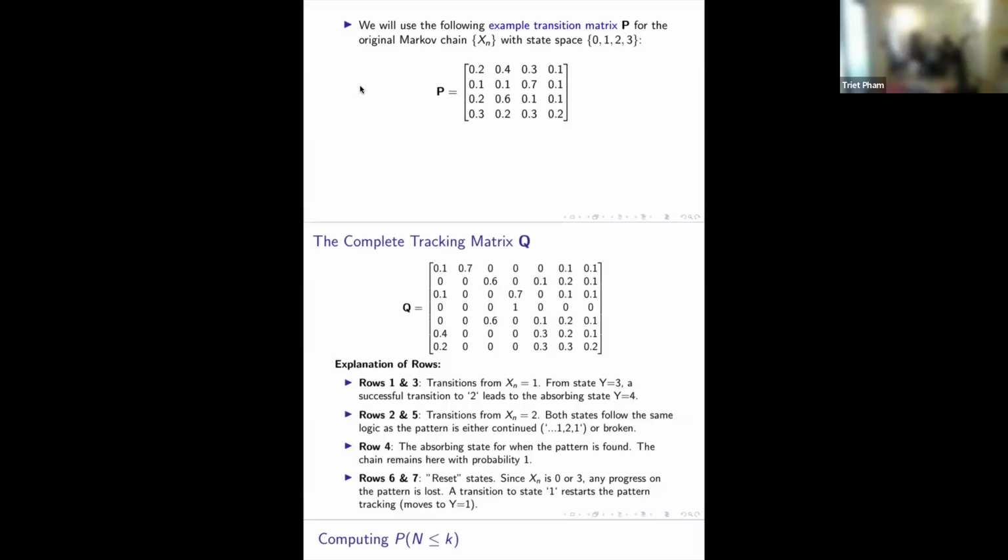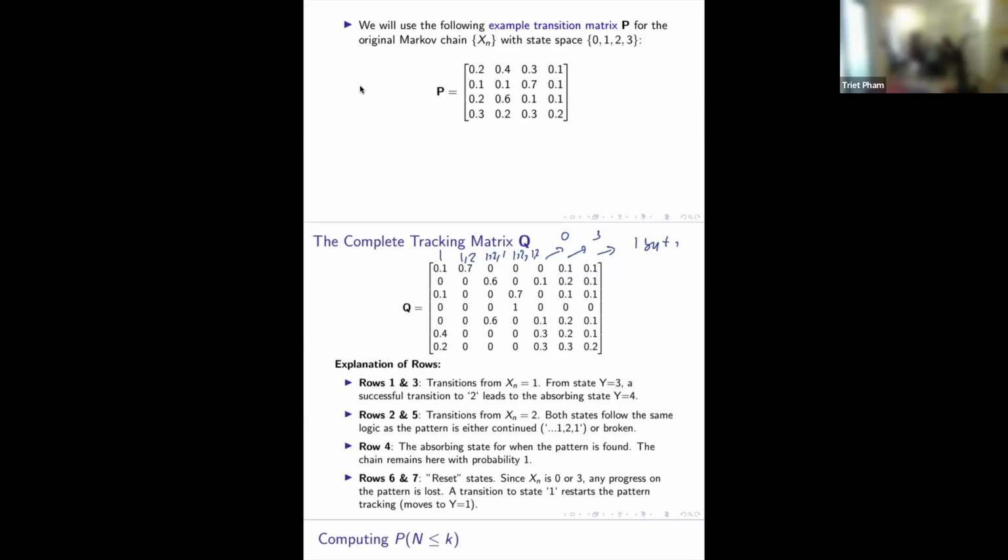But so for example, remember this is 1. This is 1, 2, 1, 2, 1, 1, 2, 1, 2. This is 0. This is 3, and this is 1, but not 2.